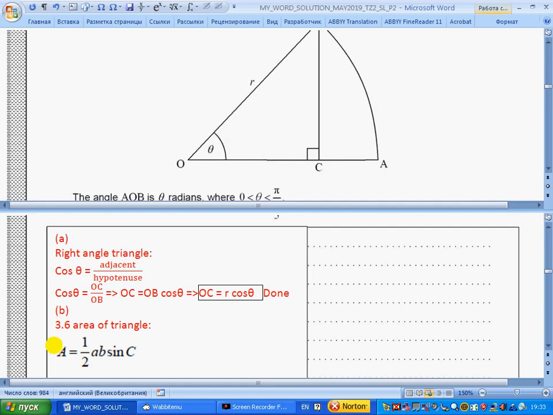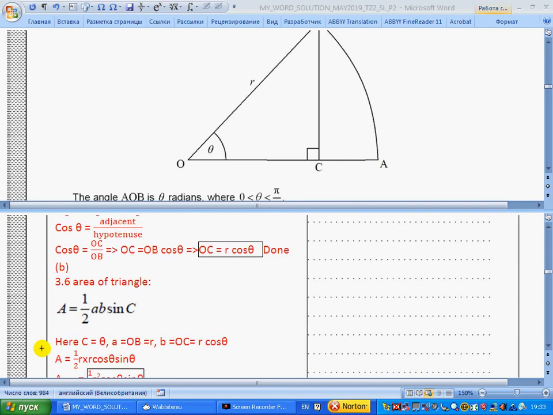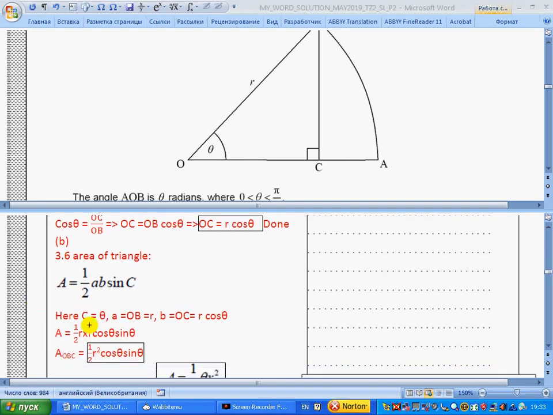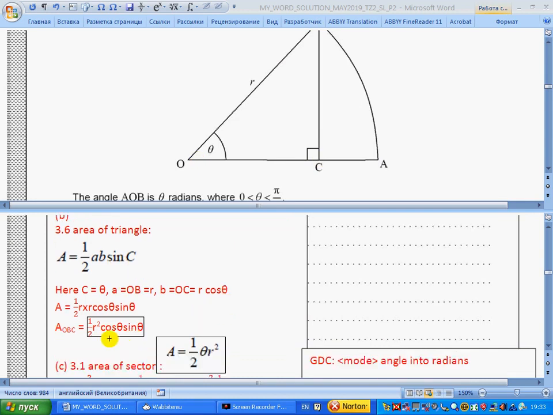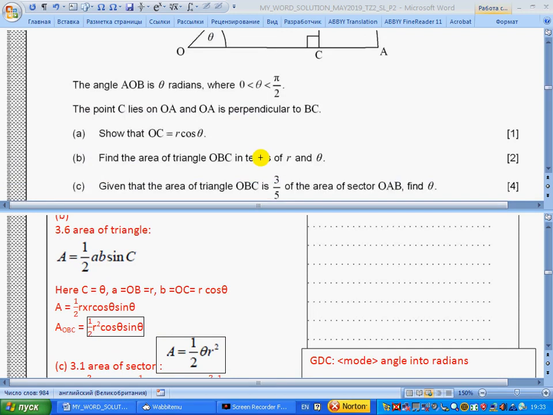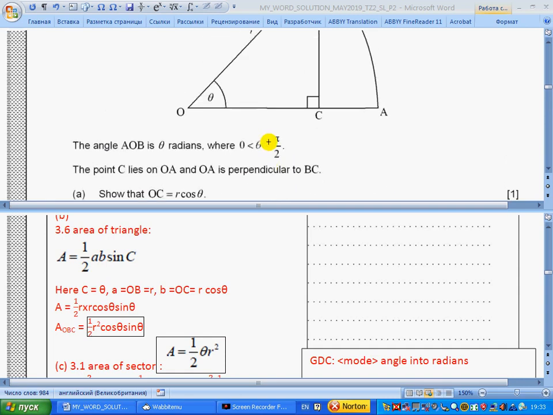Again, we use section 3.6, area of triangle through sine. Here the angle is theta. One of the sides is r, another side we found is r cosine theta. Substituting these values into the formula, we get half r squared cosine theta sine theta. Part C. Given that the area of triangle OBC is 3/5 of the area of the sector, find theta.